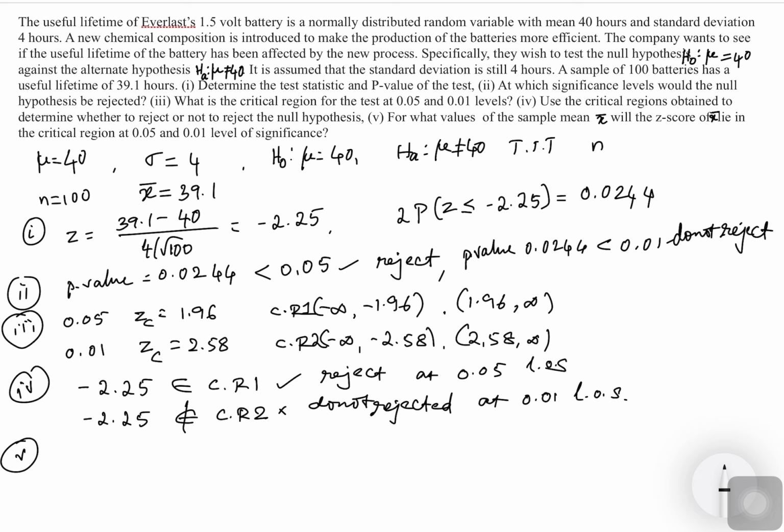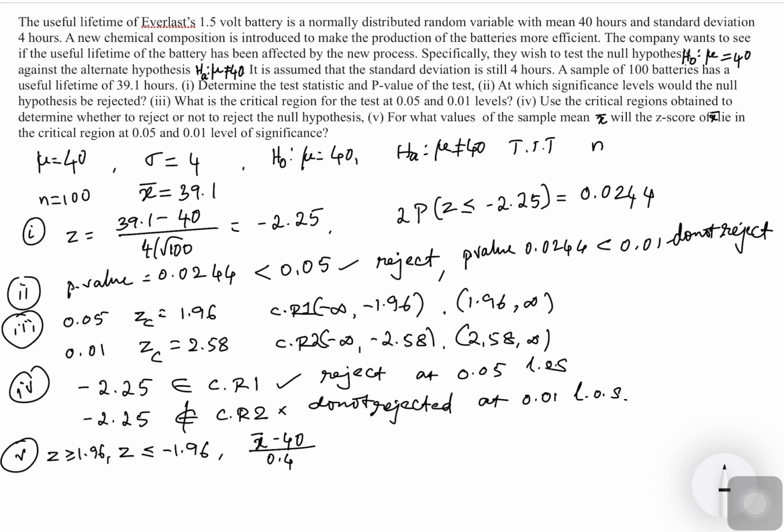So again, this is a two-tailed test, so we expect z to be greater than or equal to 1.96 or z to be less than or equal to minus 1.96 at the 0.05 level of significance. In other words, x bar minus 40 divided by 4 divided by root 100, which is 0.4.